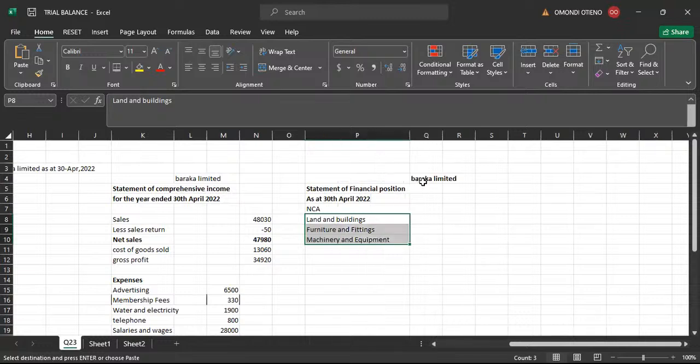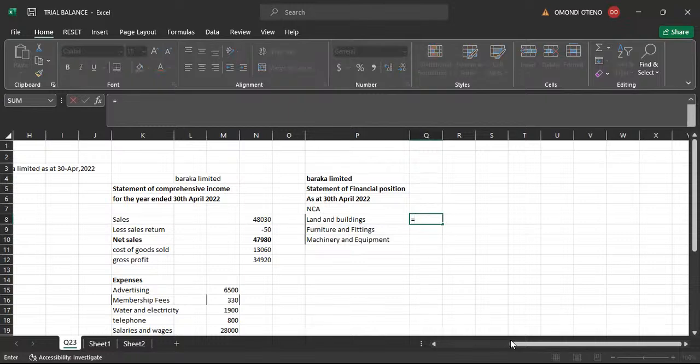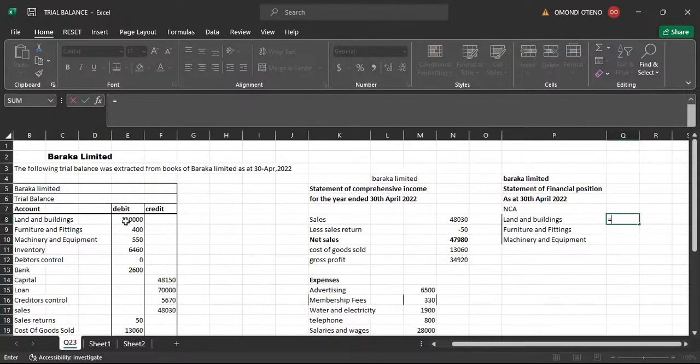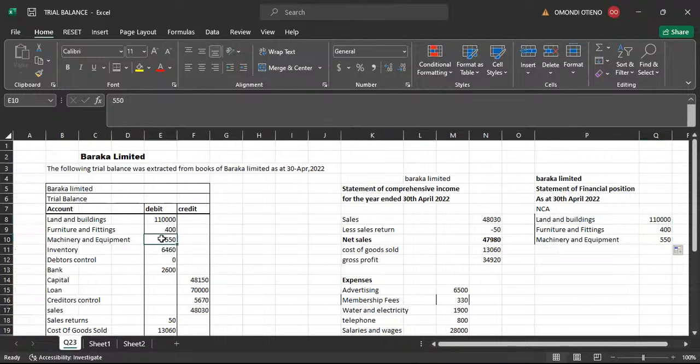Once that is copied, you'll see you have brought them here. So our non-current assets, the 3 of them, I just come and refer to these values. They are following each other, so I just come and autofill the 3. I'm done with the non-current assets.